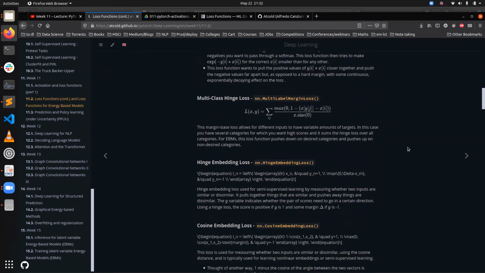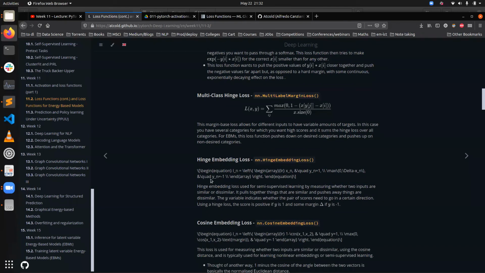Hinge embedding loss. This LaTeX has not rendered properly.